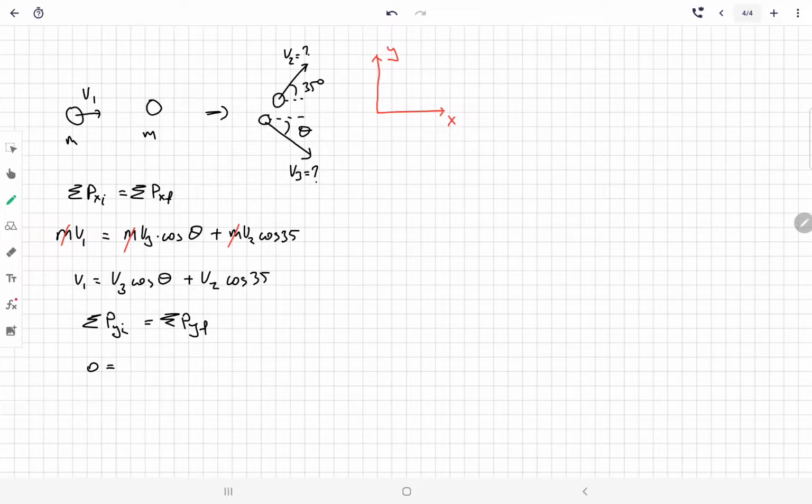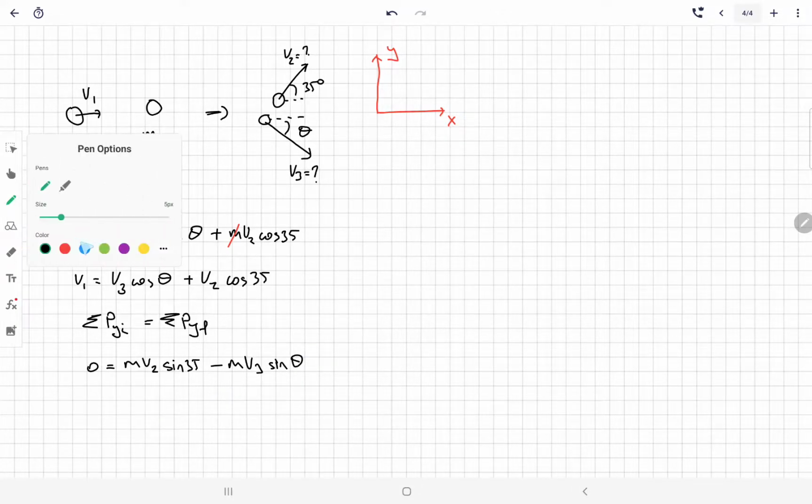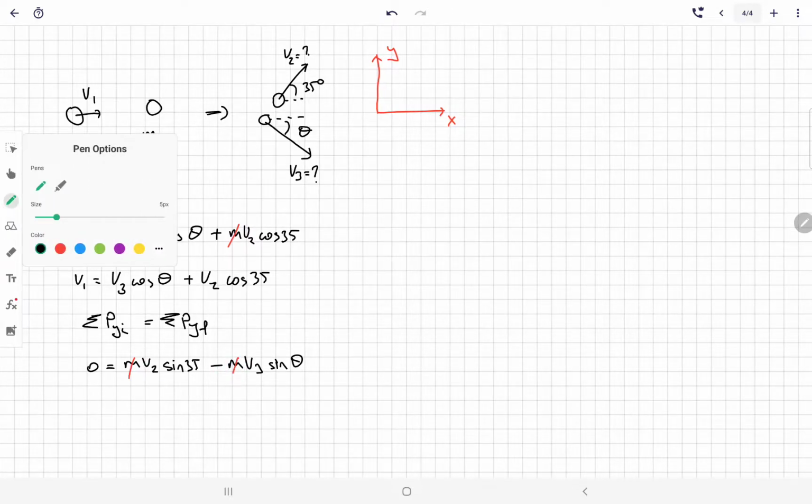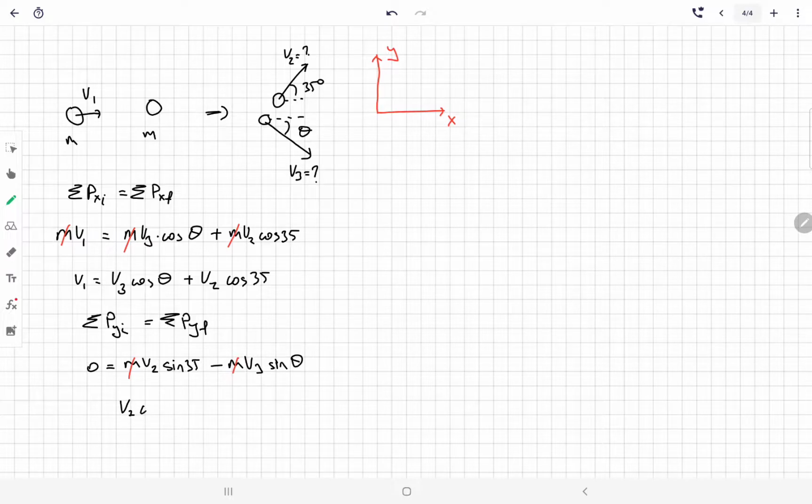After collision, the second ball is moving upward, so it has the component m v2 sine 35. The first one is moving downward, so it will be negative m v3 sine theta. So from these equations, v2 sine 35 equals v3 sine theta.